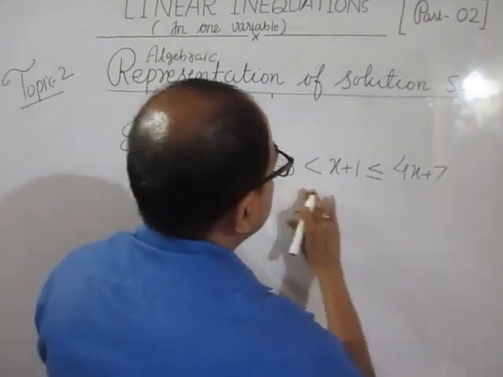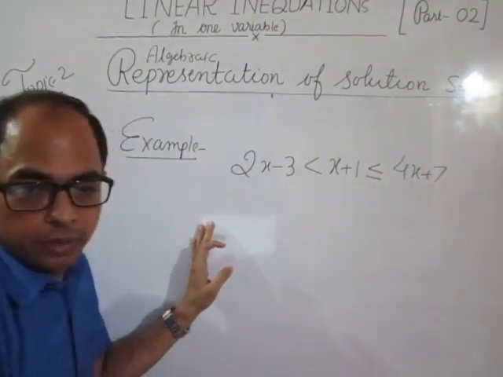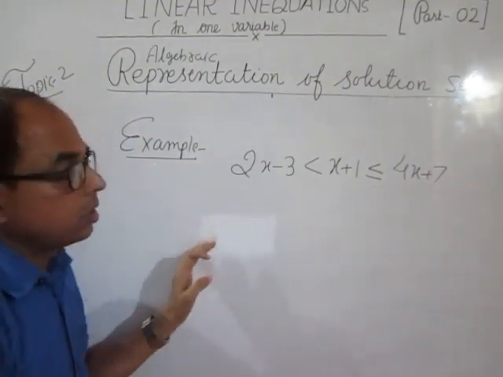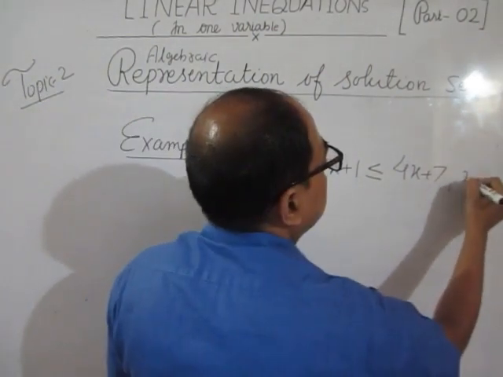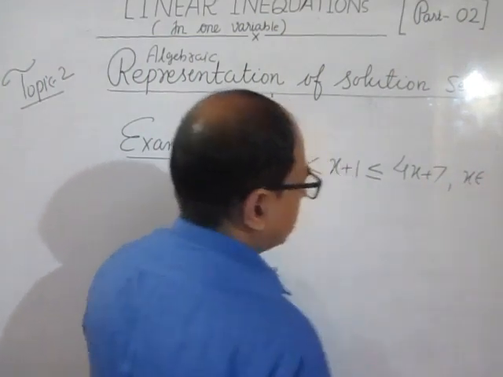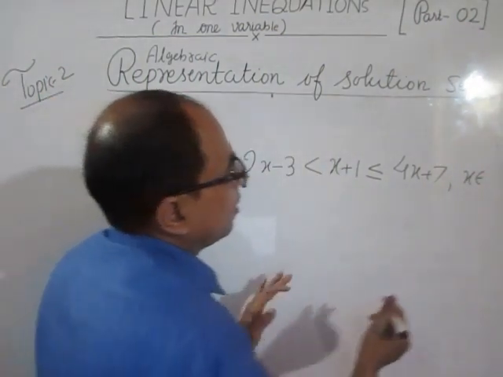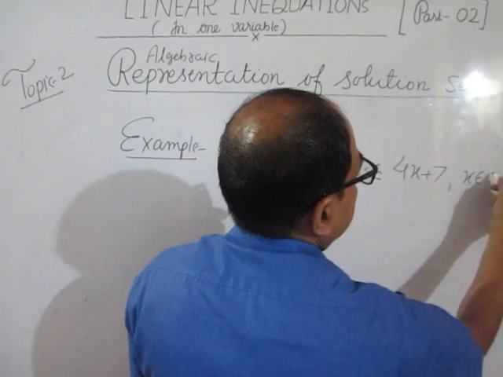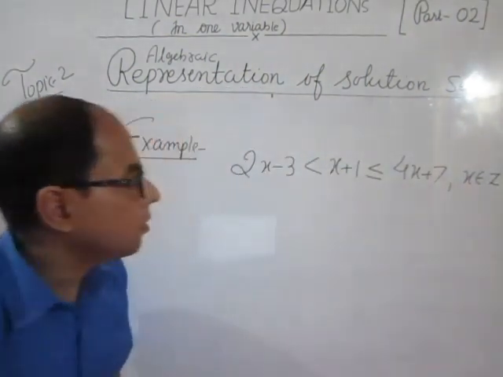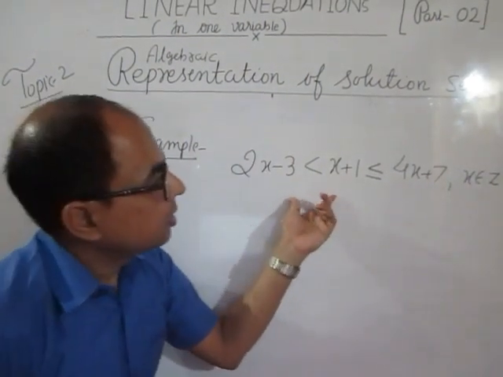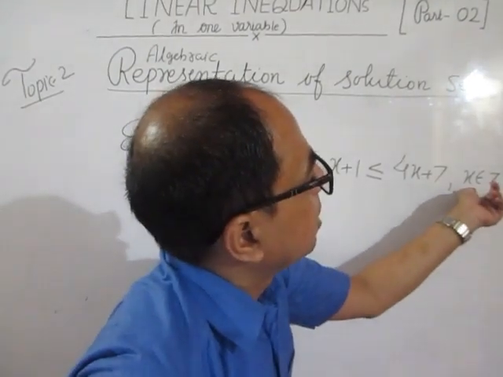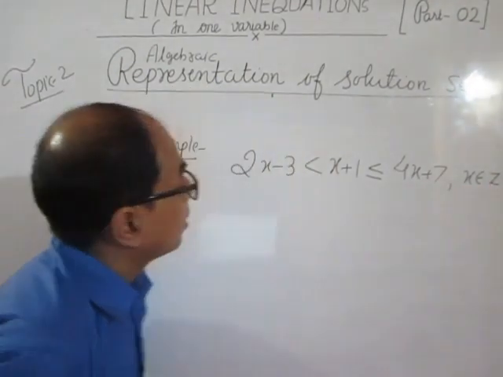Now this is the given inequation. And the replacement set, let me write here, first I am writing integer. So this is the given inequation and this one is the replacement set of integers.